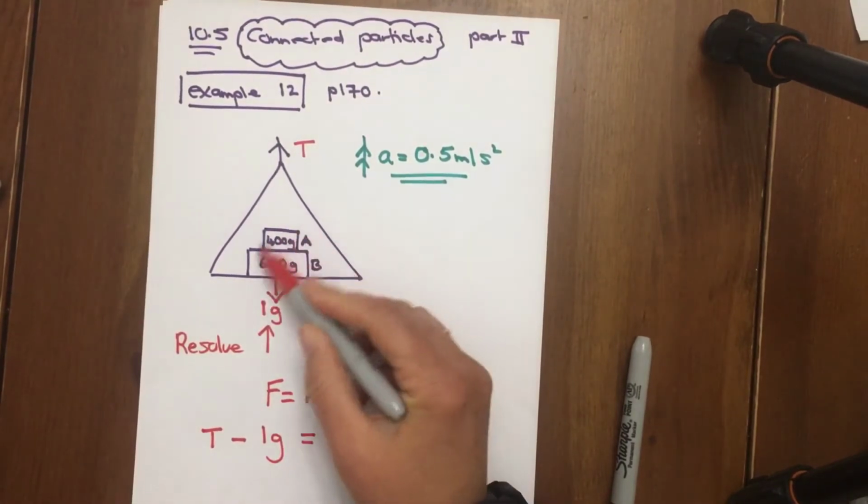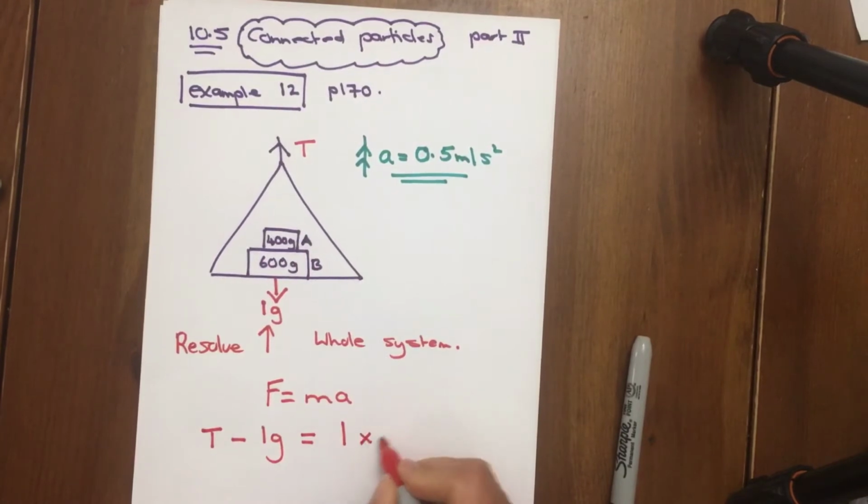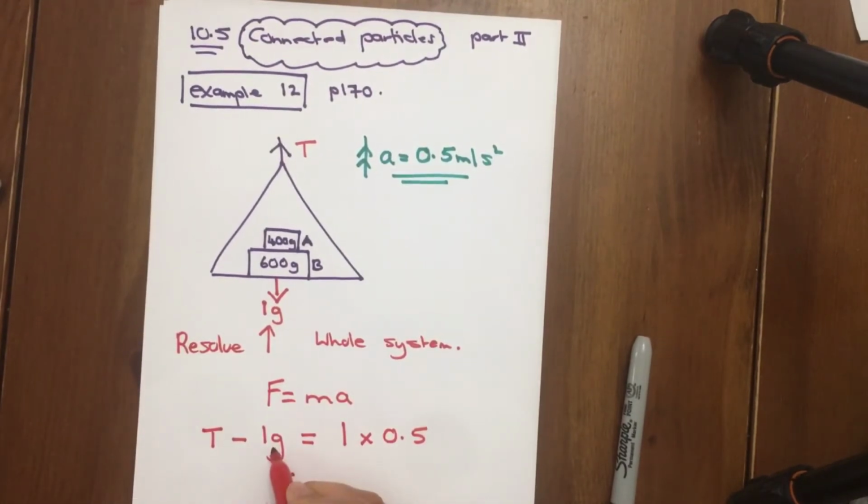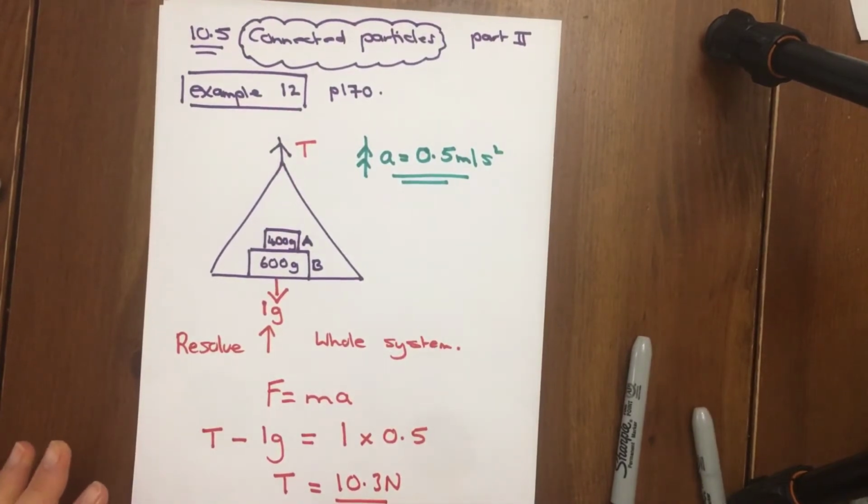Remember, mass has to be put into kilograms, times the acceleration of 0.5. And if I work all of that out using g as 9.8, I will get T to be 10.3 newtons.